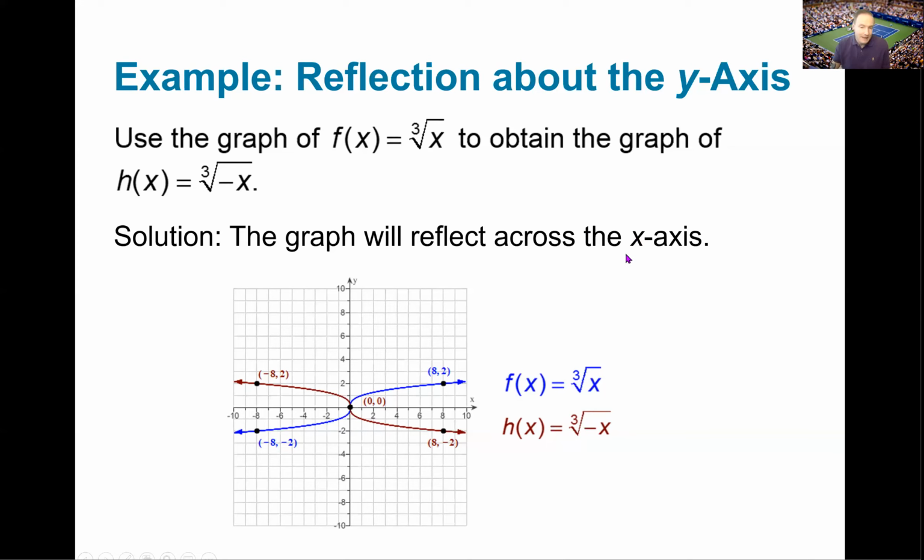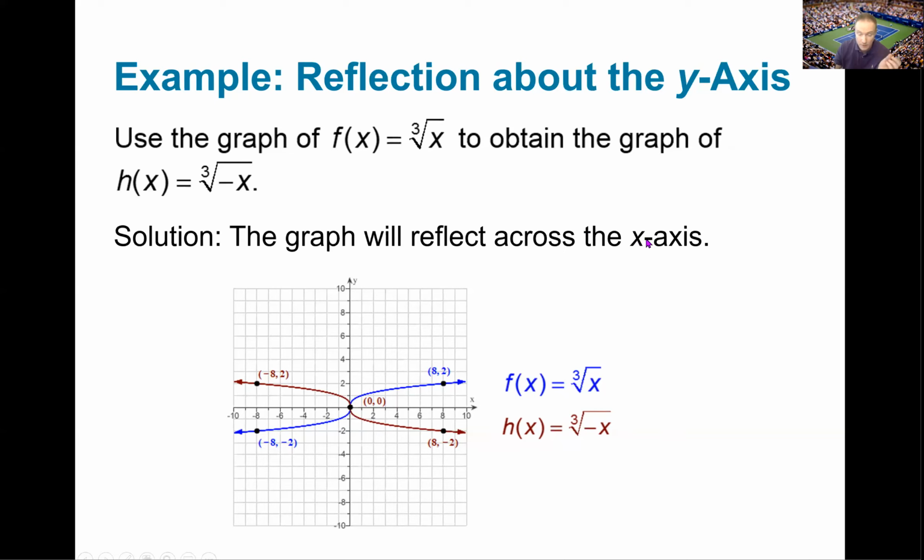Now, in this case, is it wrong that I put x-axis? No, because the original function is symmetric with respect to the origin. So I was fortunate in that it's not going to matter. But I don't want you making the mistake and saying, oh, if he's changing the sign on x, does it reflect about the x-axis? No, not usually.